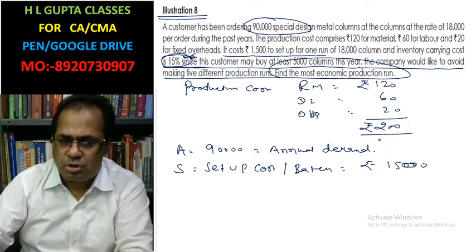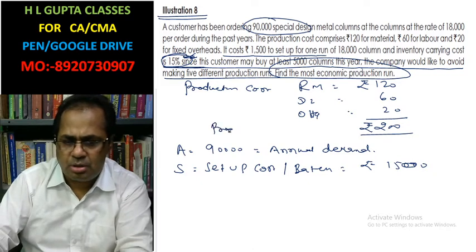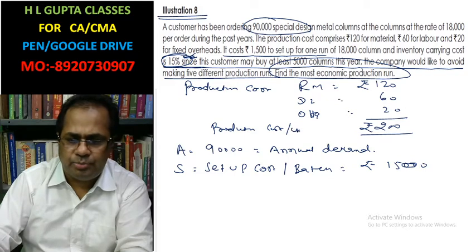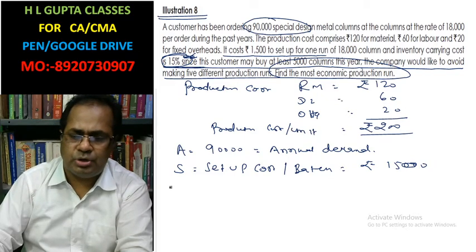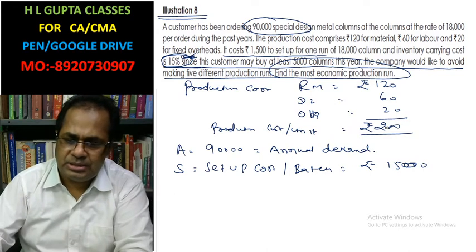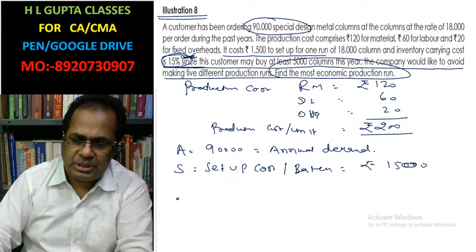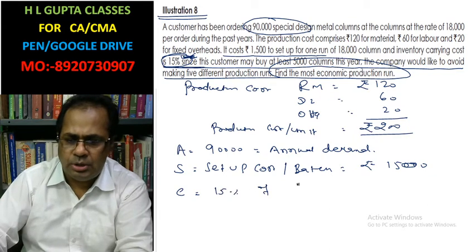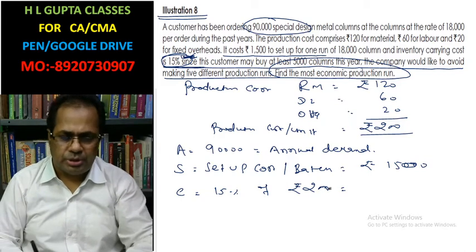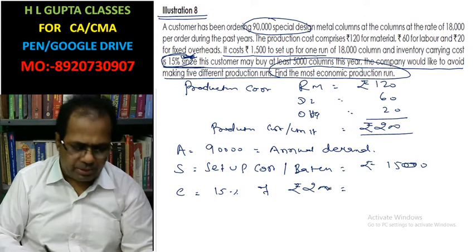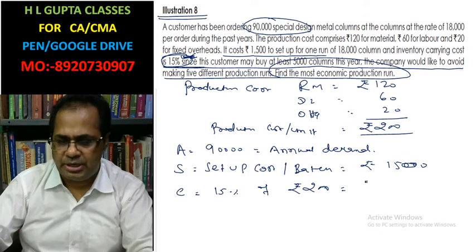This is the production cost per unit, rupees 200. Carrying cost is calculated as 15% of rupees 200, which is 200 into 0.15. This is rupees 30.